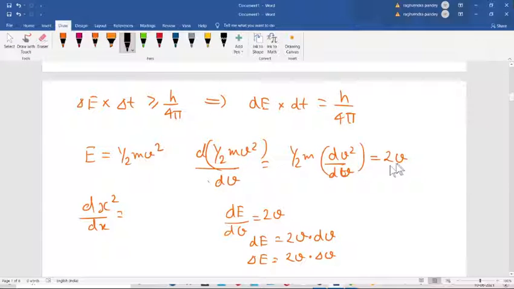So this is your differential form of the Heisenberg uncertainty principle. But differentiation is not that difficult here. In chemistry there is differentiation, but it is very easy. In physics also it is easy, not difficult.